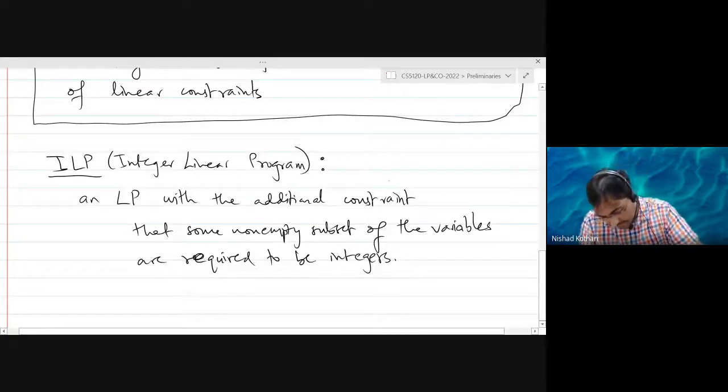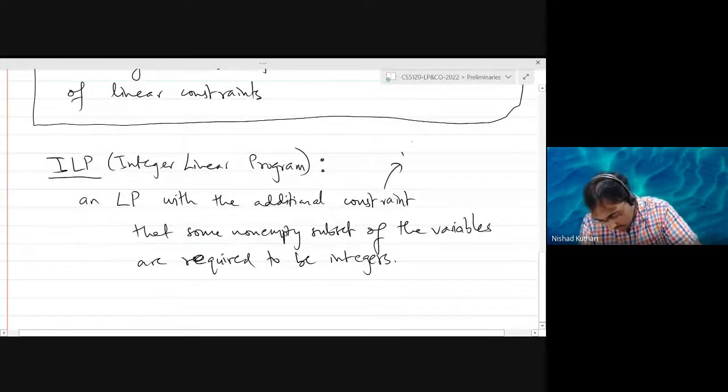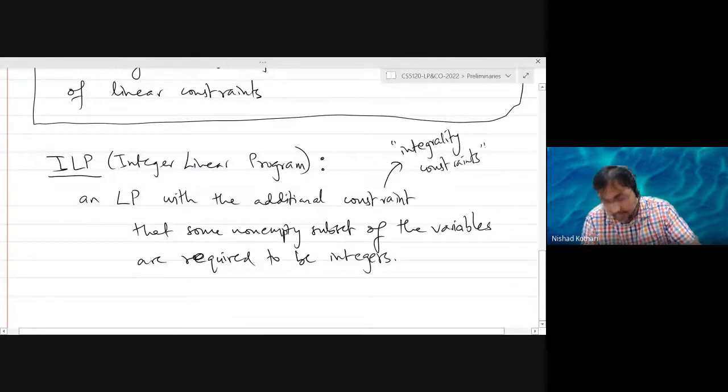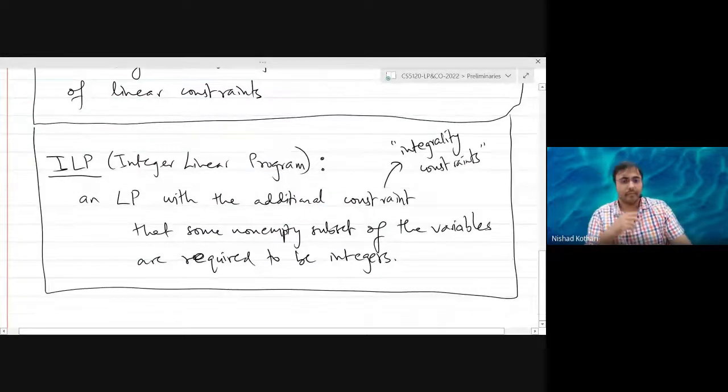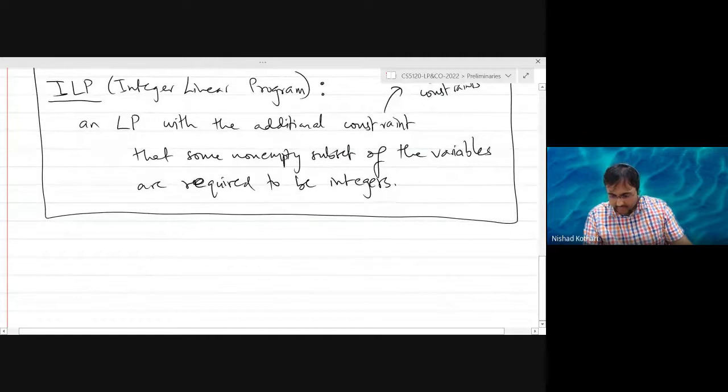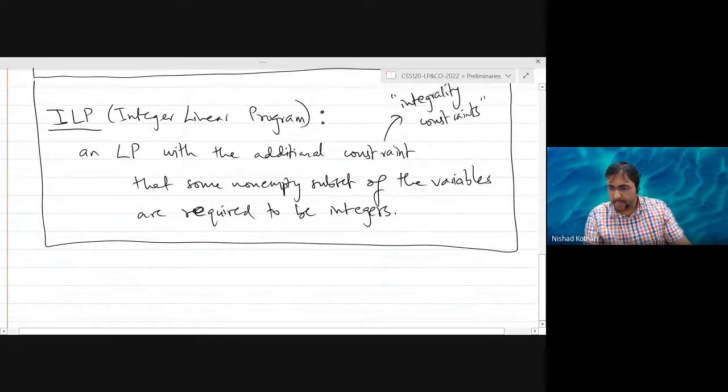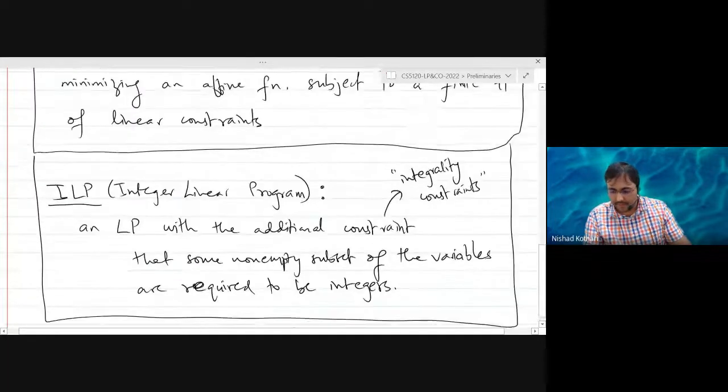So these will be called integrality constraints. Good. All right. So that's all we have for now.